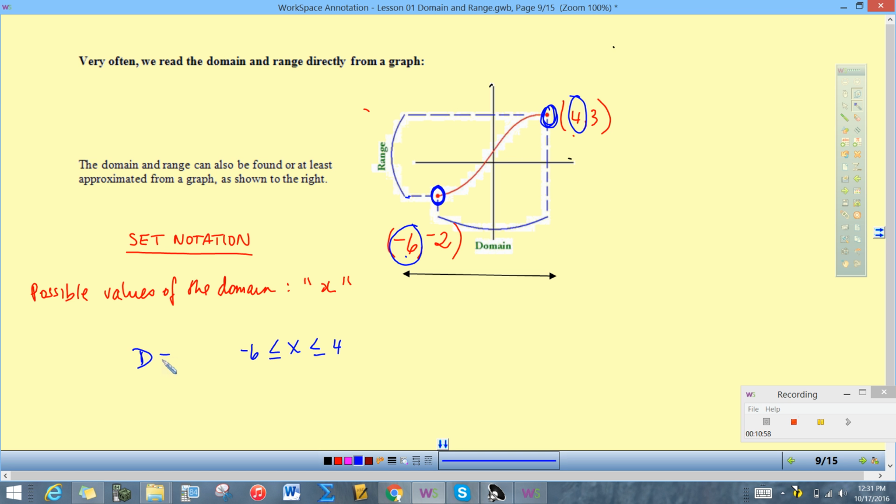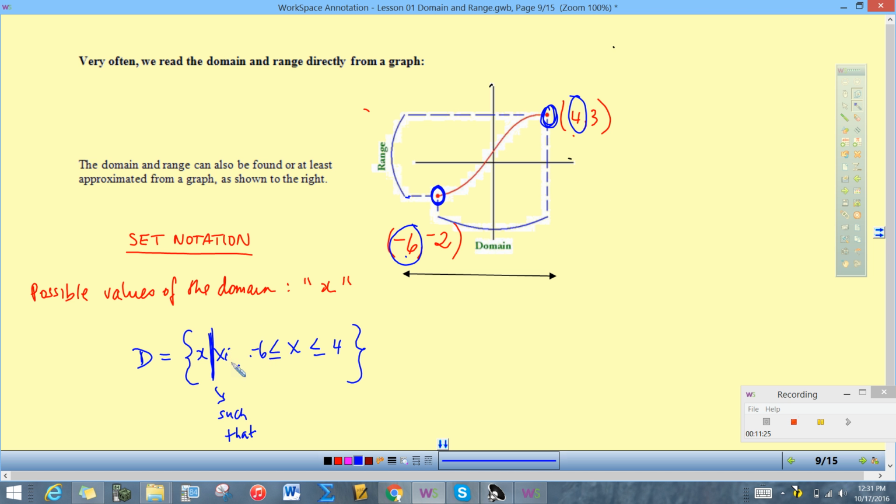We're going to say the domain is equal to, and we open a set of curly brackets. It's the set of all x, such that, and that's what this slash stands for, such that, x belongs to the real numbers. Okay, so x belongs to R.